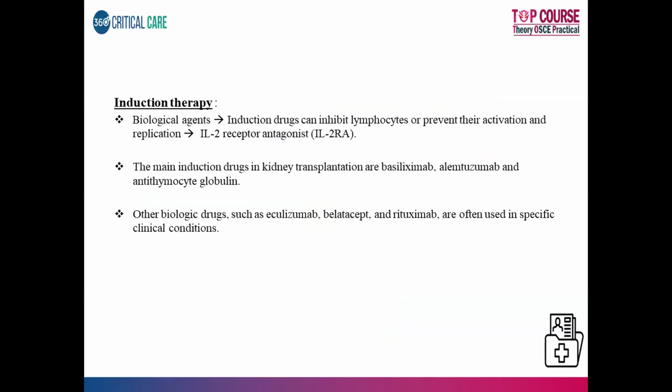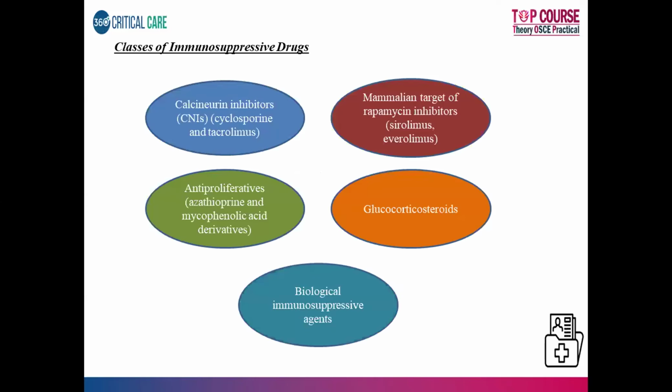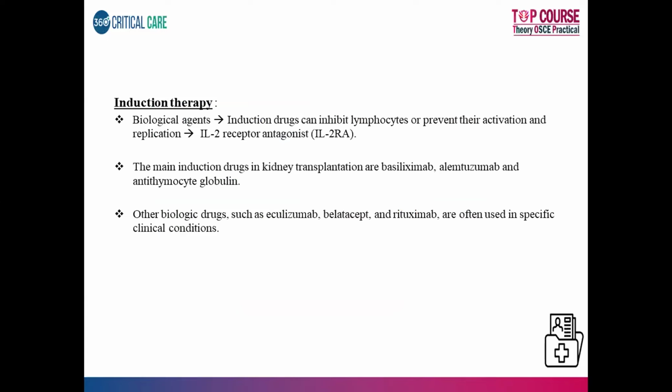Now, as I told, this immunosuppression is divided into two. One is the induction therapy, one is the maintenance therapy. The induction therapy is usually given by the biological agents, the fifth group. Induction drugs can inhibit the lymphocytes or prevent their activation and replication. This is usually done by IL-2 receptor antagonists or the anti-thymoglobulin.